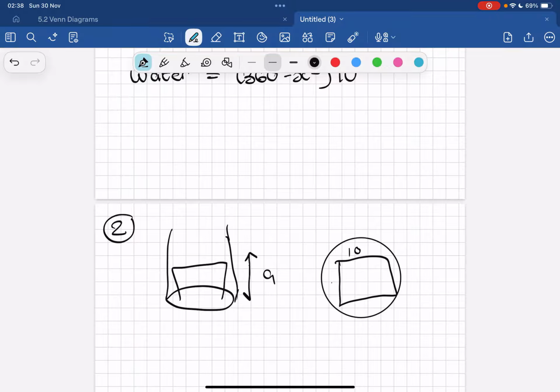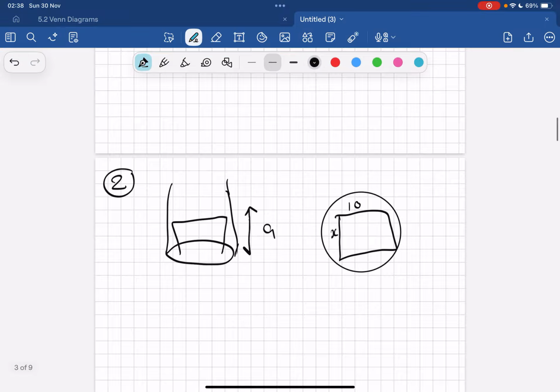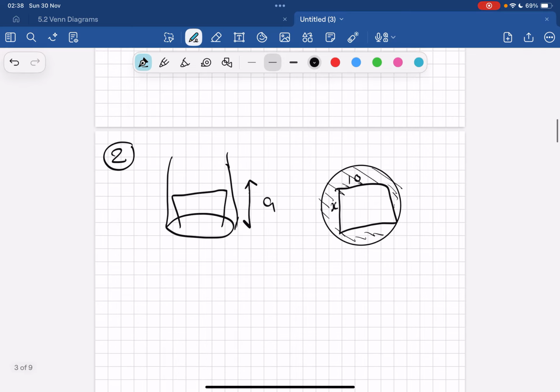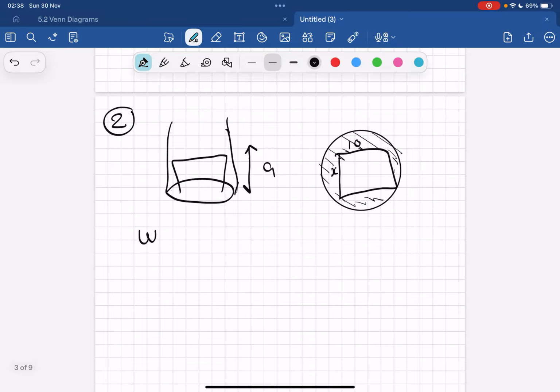We've got a rectangle with length 10 and x here. The volume of the water is 360 minus 10x, times the height, which is 9.